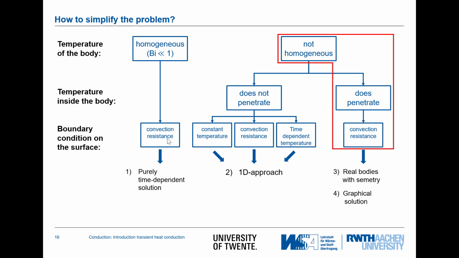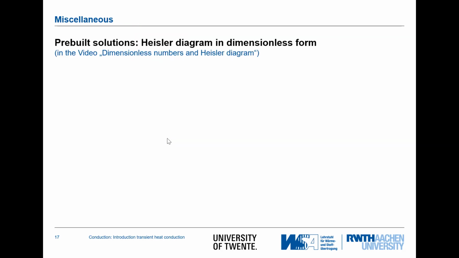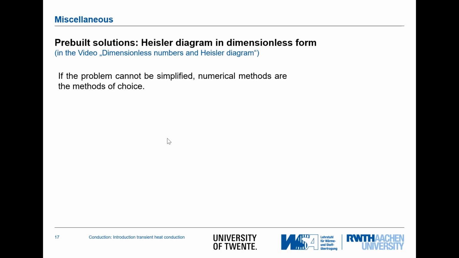The last type of problems, where the temperature is non-homogeneous but does fully penetrate into the object, will then be tackled with the help of a combination of dimensionless numbers and the Heisler diagrams. These are pre-calculated solutions that you can use and that are applicable if the dimensionless numbers are equal to the ones in the experiment.